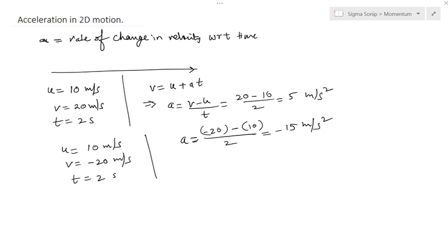The negative sign means that acceleration is in the negative direction. My initial velocity is positive, so that is my positive direction, and my acceleration is in a direction opposite to that initial velocity.